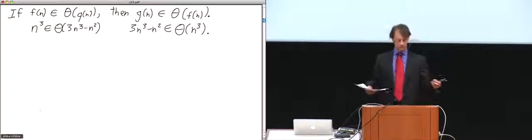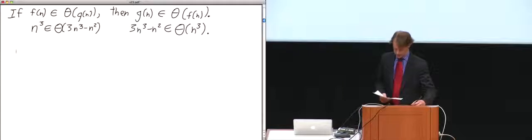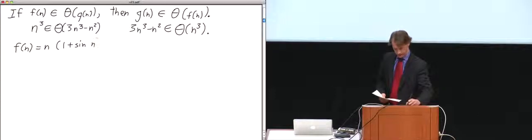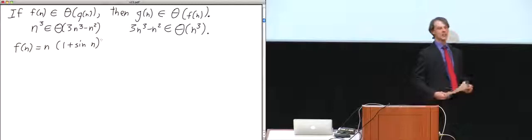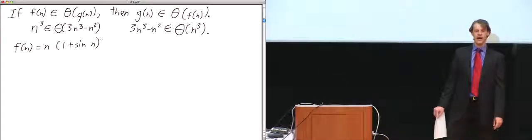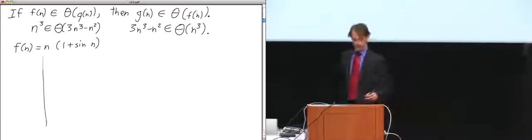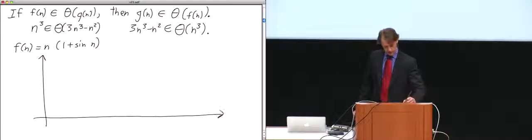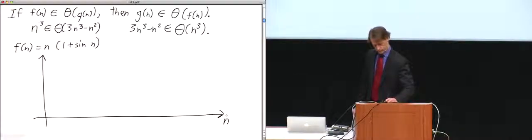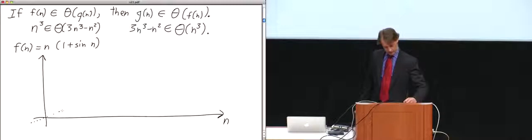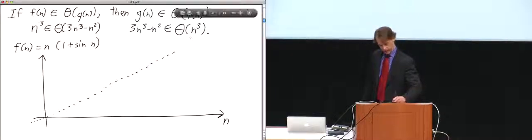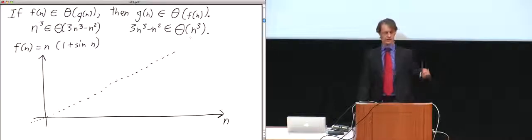Well, there are exceptions in functions, not necessarily in algorithm analysis. But I want you to consider, for instance, the function f of n equals n times (1 plus sine n). This is an example of a function that's kind of mathematically weird in its asymptotics, because what this function does, if you graph it, let's draw a line here. This is not the function, but this is going to tell us something about the function.